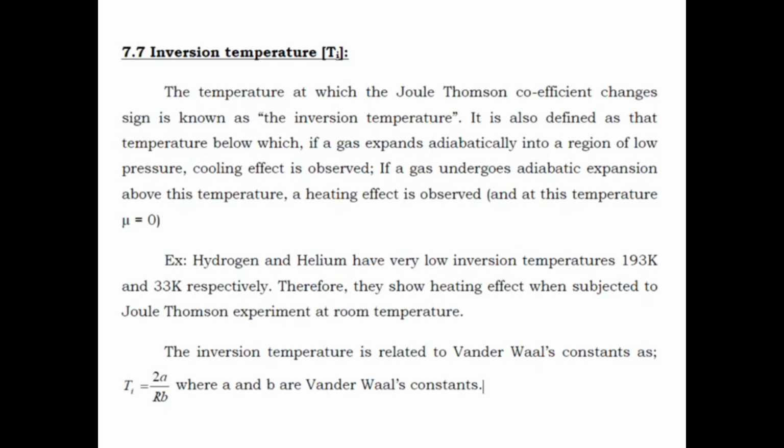So where there are sudden changes, that is noted as mu is equal to 0, which is the inversion point. The temperature at which the coefficient changes sign is known as the inversion temperature.